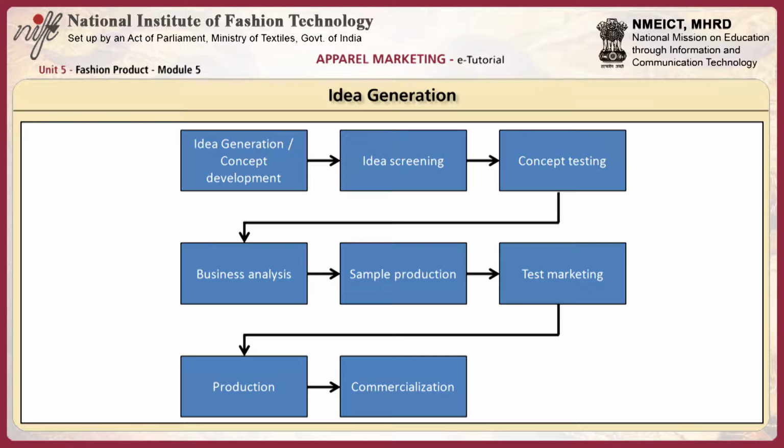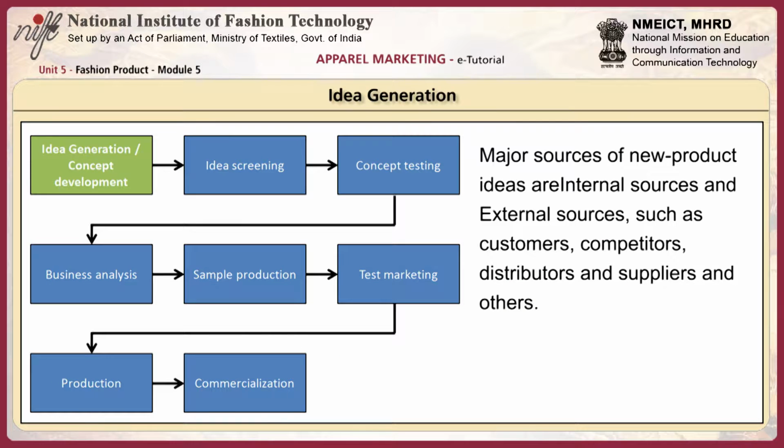Now, let's start discussing each stage. It starts with idea generation. The new product development starts with idea generation, that is the systematic search for new product ideas.